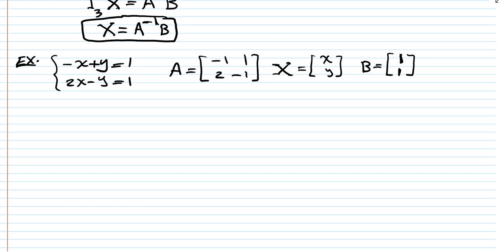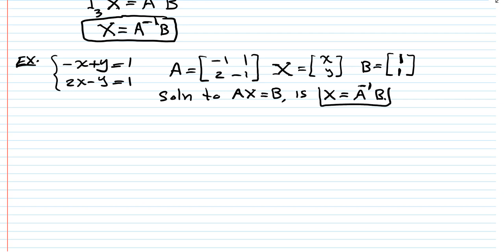Okay, now once I have this, well, let's see, the solution to AX equals B is X equals A inverse B, right? So in other words, I need to find the inverse of the matrix, and I'm going to find it the easy way.